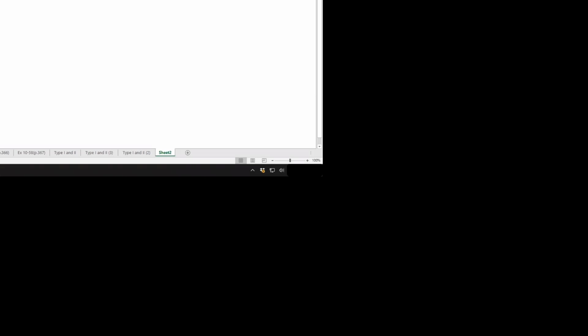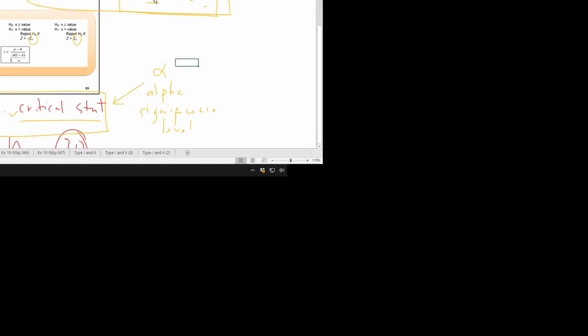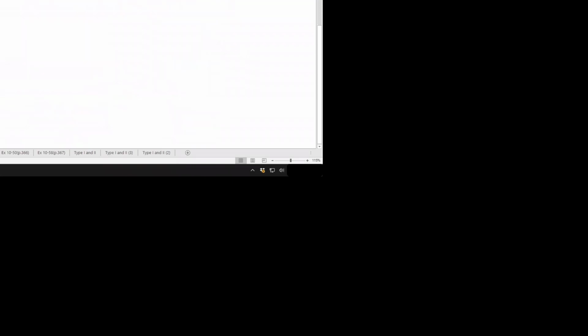So if we were to use this decision rule, and since we know alpha is an area, then the p-value must also be an area. Okay, so we're comparing apples and apples and oranges and oranges, right? So the question is, what area does the p-value represent? What area in the distribution? Okay, so let me make this a little bit bigger.